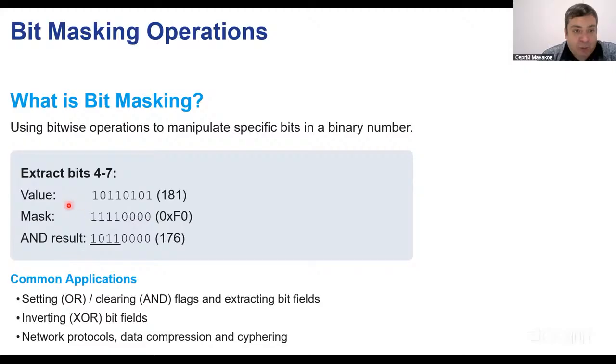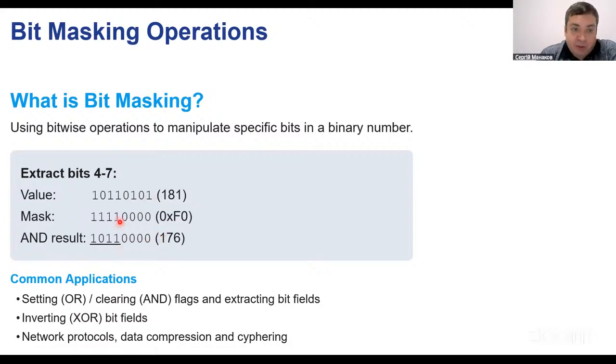And let's perform the logical AND operation with our initial value and our mask. With this AND operation, that is, as you know, logical multiplication, zeros in the mask are multiplied by the values and result in zeros.